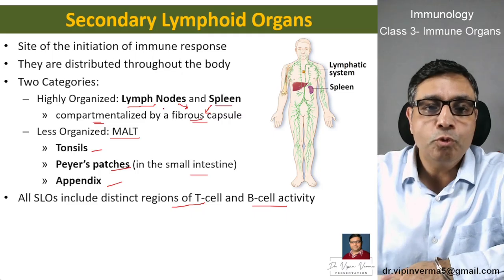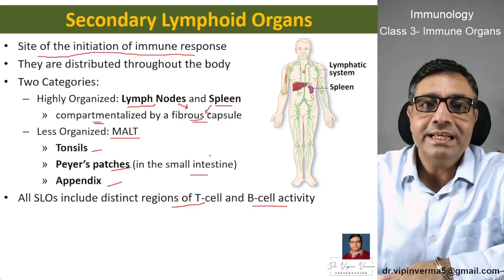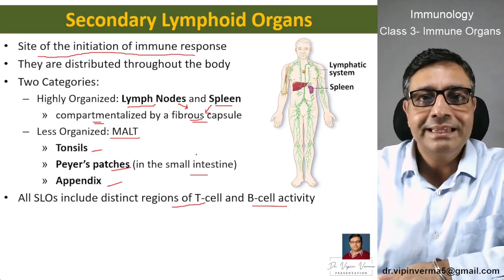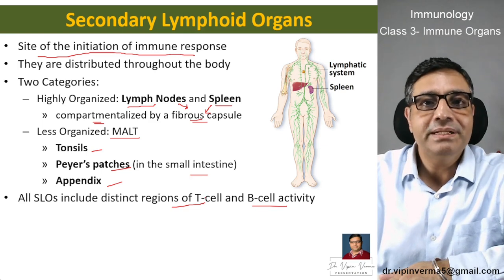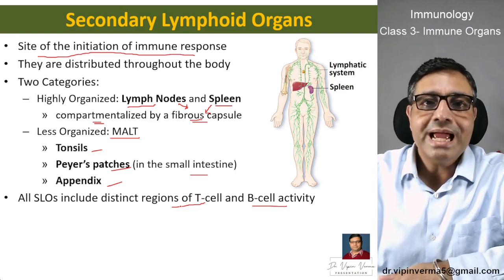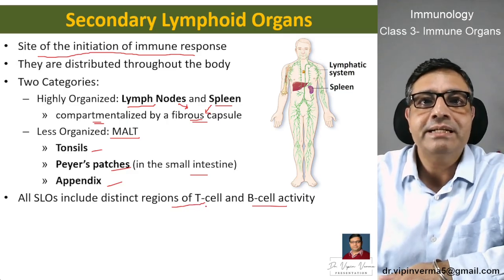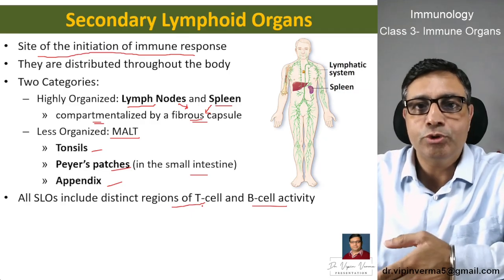Now it is important to note that secondary lymphoid organs are the site of initiation of immune response, right? So they have to deal with the T cells and the B cells. They are the major soldiers here, and these naive T cells and naive B cells will interact with the antigens which will be brought here, or will come naturally.